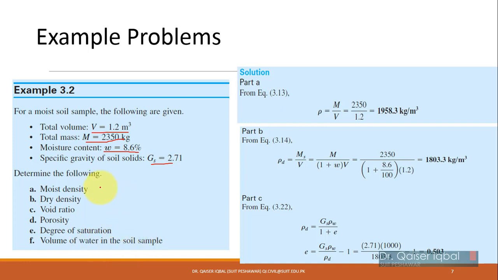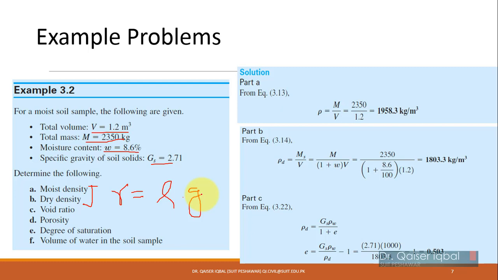Now remember, over here they are asking about densities, not unit weights, and you know that unit weight is equal to density times gravity, which is 9.81 meters per second squared in the SI system, or 32.2 feet per second squared in the British or FPS system.